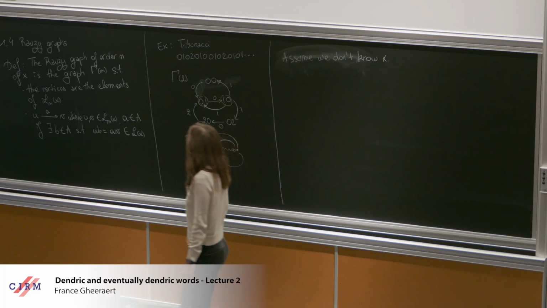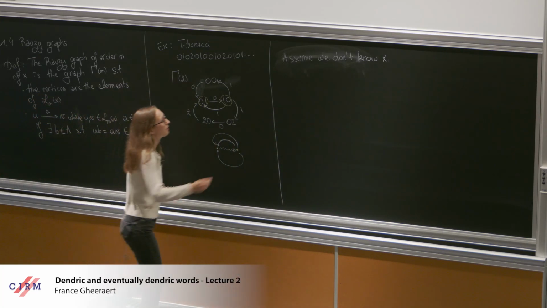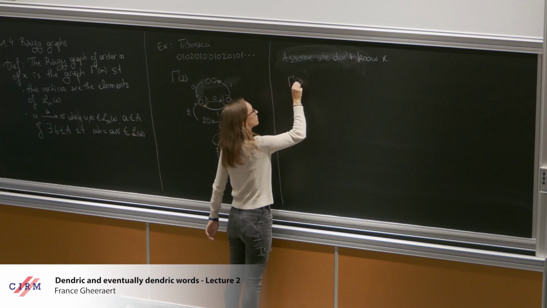Okay, so we don't know who the sequence is. We only know it's the Rauzy graph of order 2. Okay, so how can we find the Rauzy graph of order 3?